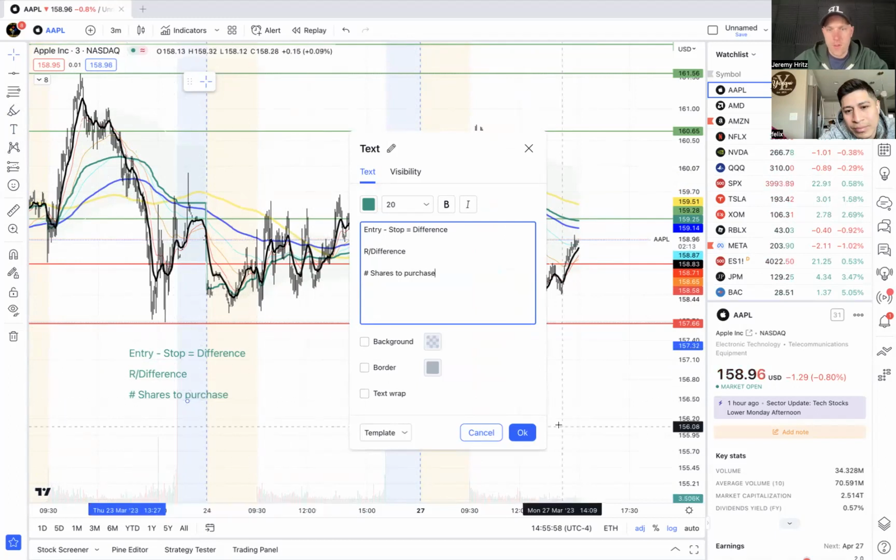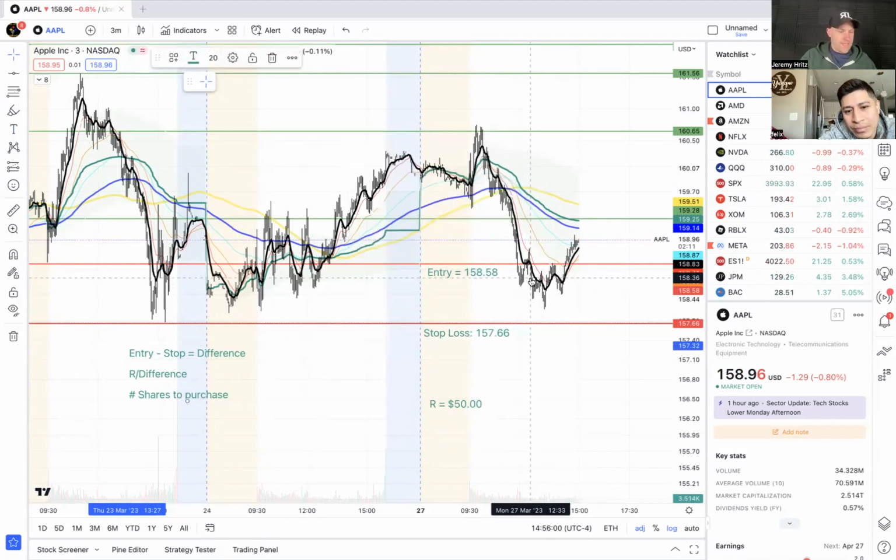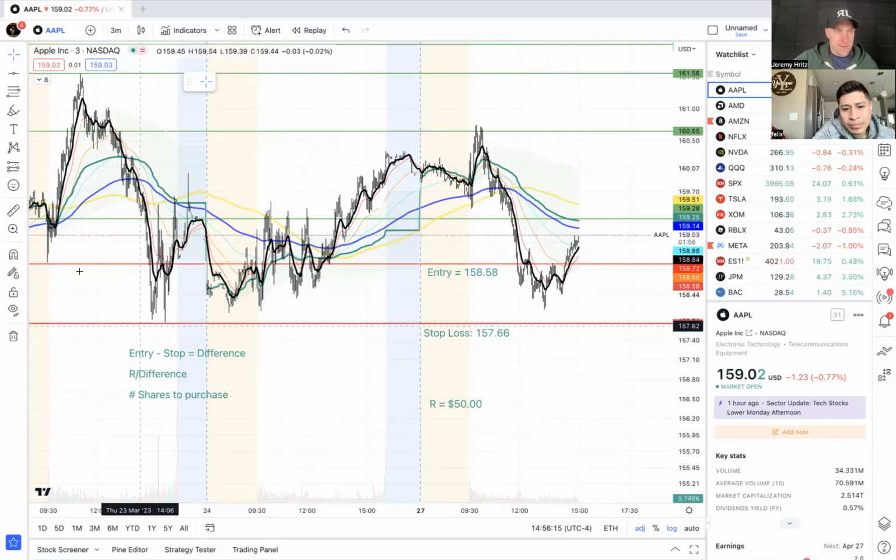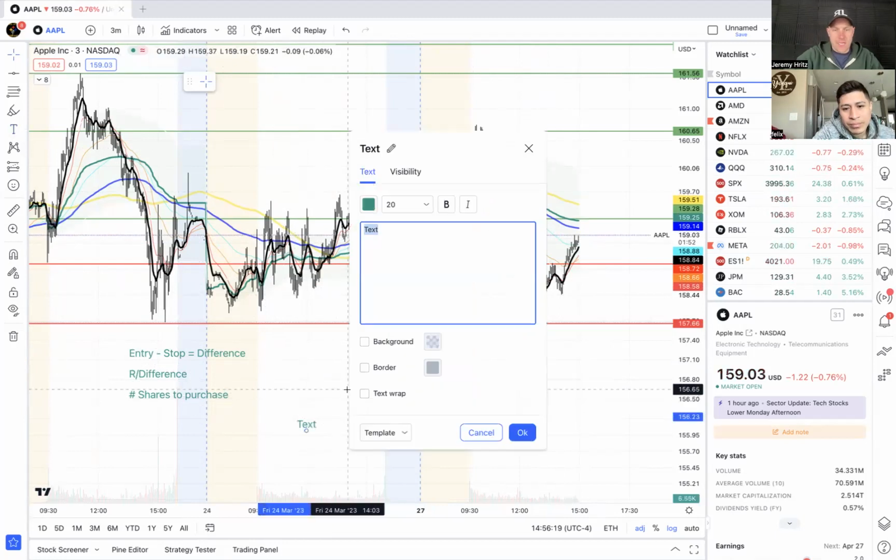So if we look at 158.58 minus the stop, which is 157.66, that's 92 cents. Our R is 50, so we divide 50 by 92 cents. So 50 divided by 0.92.